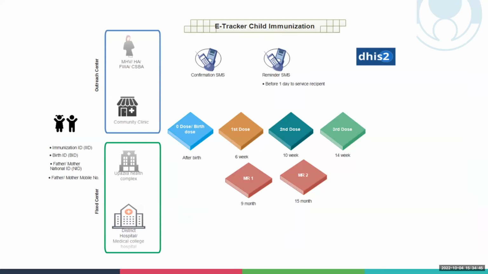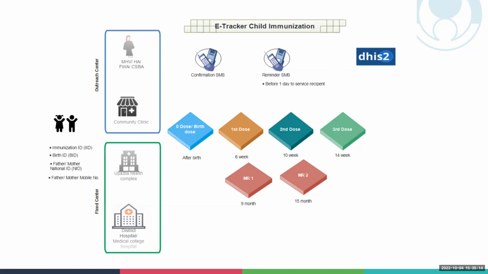So this is our E-tracker child immunization pictorial. We customized the DHIS2 tracker, as we said, as per our immunization schedule. So there are multiple stages from zero dose to the second dose. Immunization in Bangladesh uses both fixed centers and outreach centers.